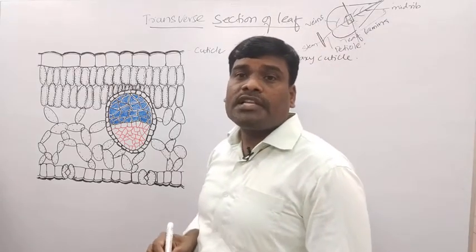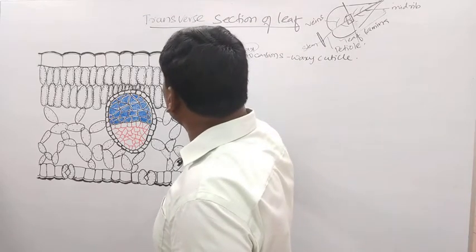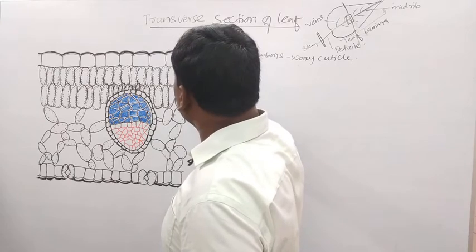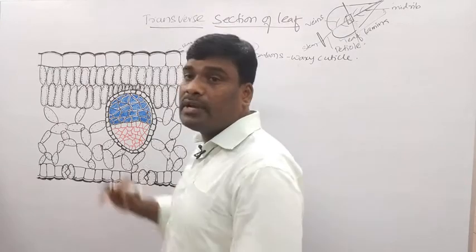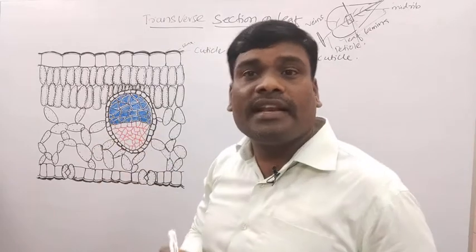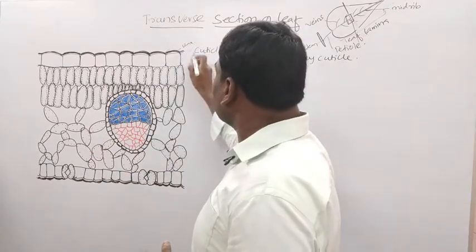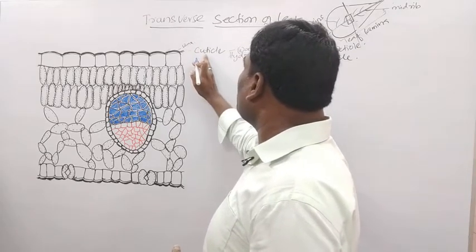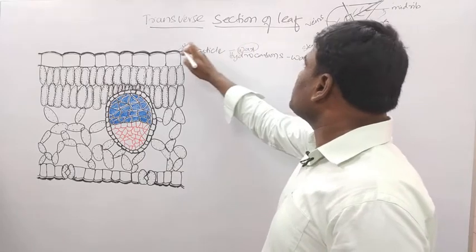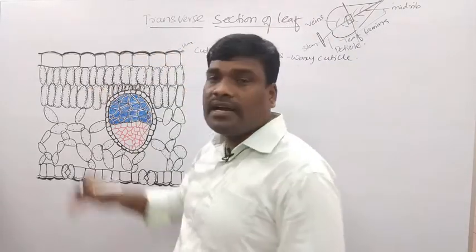What is the use of this cuticle? The upper layer of this cuticle is covered with wax, and this wax prevents water from being absorbed into the leaf. So the first topmost layer of the leaf is the cuticle. It is made up of hydrocarbons and wax, and this wax helps to prevent water being absorbed by the leaf.